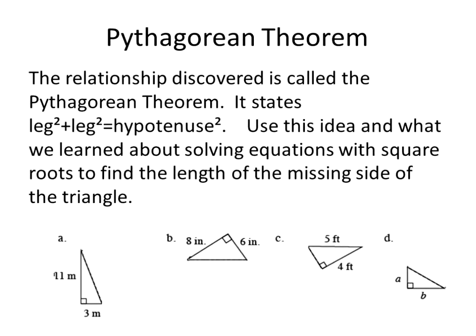So, how can we use that? We're going to use that to find a missing side. I'm going to call each of these missing sides X. Okay? And again, I put up there the relationship discovered is called the Pythagorean theorem. It's 11.